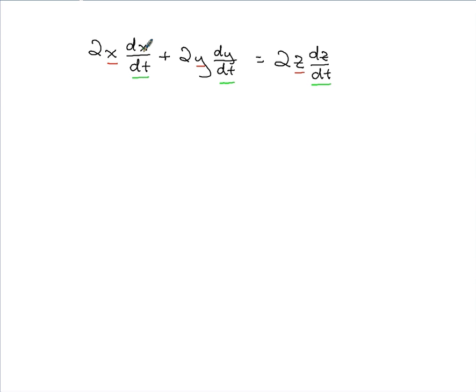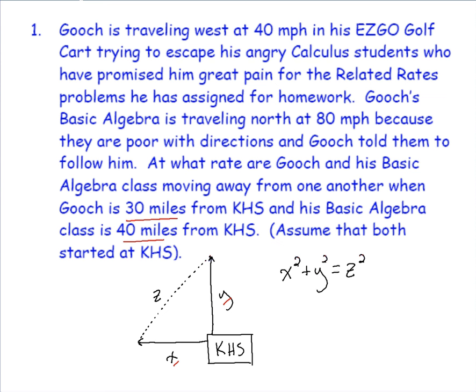The dy/dt, that's the change in y over time. That goes with their speed. So we know my speed is what? My speed is 40. That would be dx/dt. And we know their speed is 80. That'd be dy/dt. So we could start plugging all this information in.